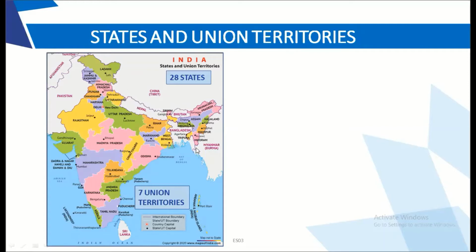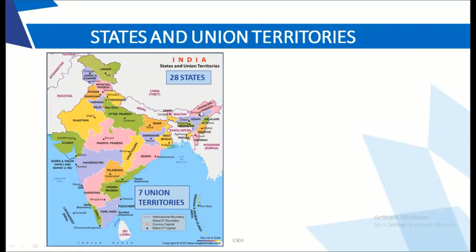Let us look at the Seven Sisters and their capitals. Sikkim, Gangtok. Assam, Dispur. Meghalaya, Shillong. Tripura, Agartala. Mizoram, Aizawl. Manipur, Imphal. Nagaland, Kohima. Arunachal Pradesh, Itanagar.